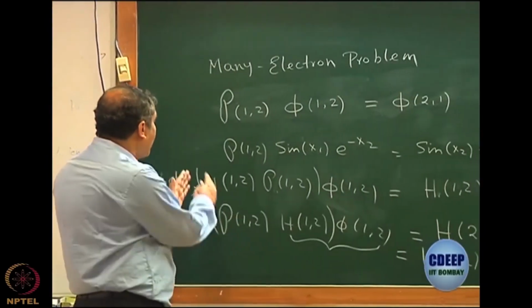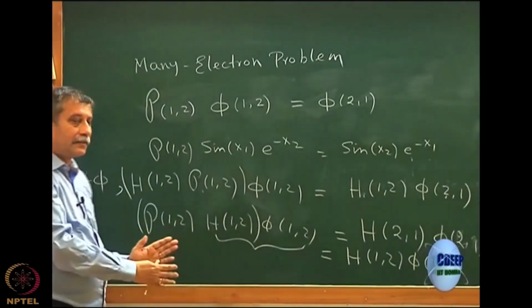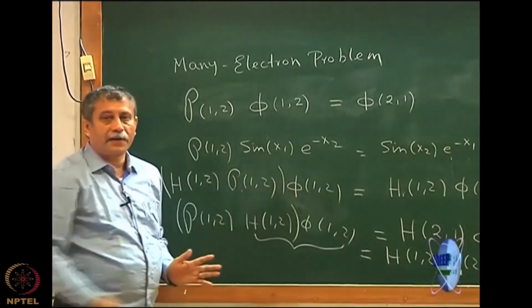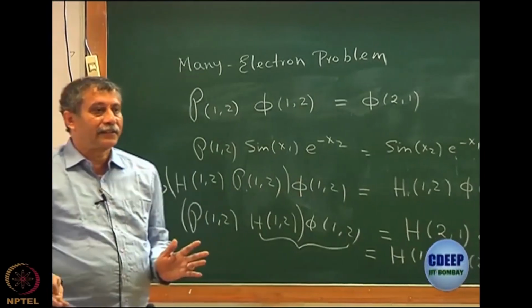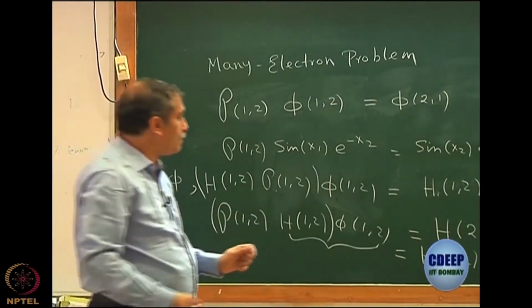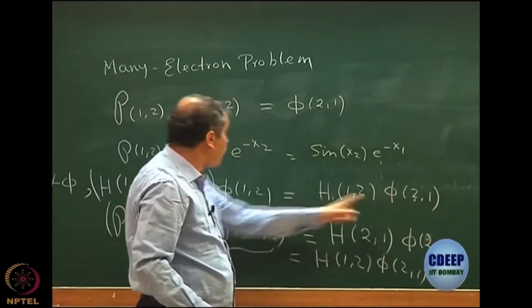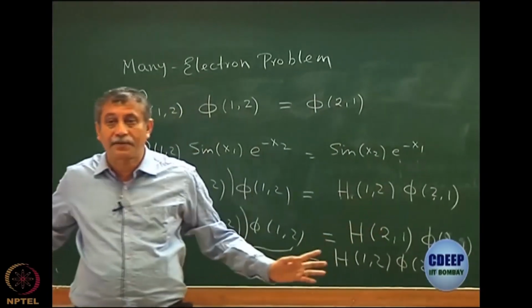So, if I have HP acting on any function or PH acting on any function, the result is identical. Okay. Because simply because of this permutation invariance. These functions are different. Of course, phi 1 2 is different from phi 2 1, because that is an arbitrary function.